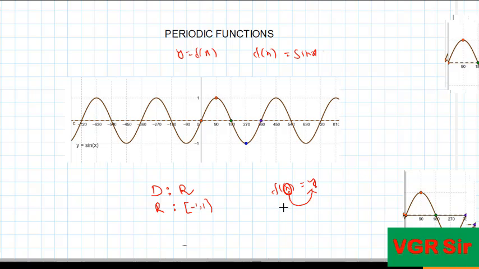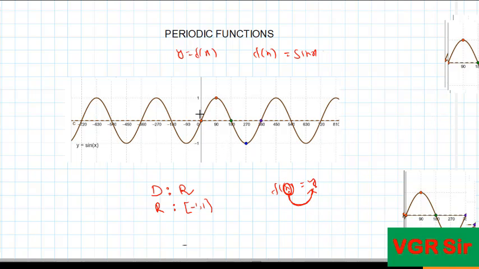Once again, observe students: f of x equal to y depends upon x. As x changes, y will change. Now I want to find a value of x, or a positive interval of x, so that the outputs will occur at intervals repeatedly.